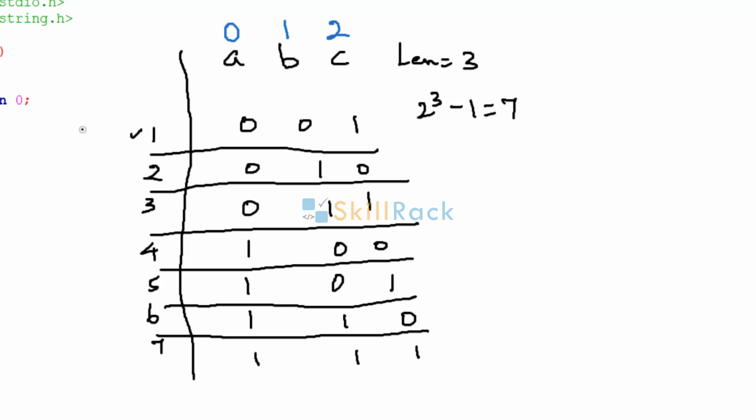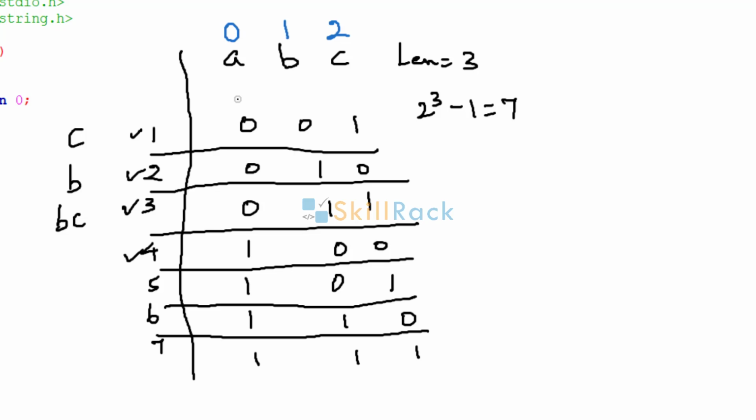C. So you can write down C. Now for 2, where is 1? It is in the middle. What is the corresponding character? B. So you write down B. Now consider 3. The last 2 bits are 1. What are the corresponding characters? BC. So write BC.